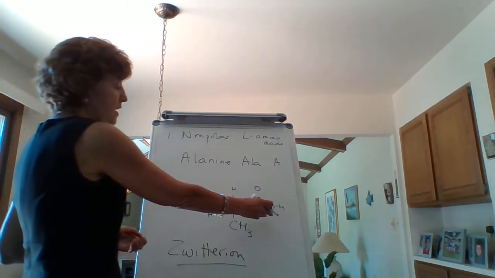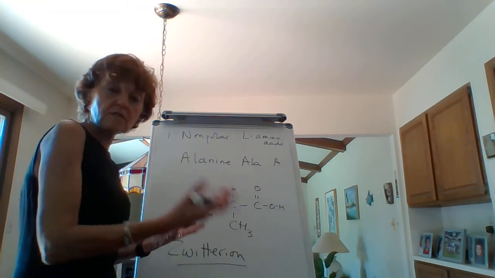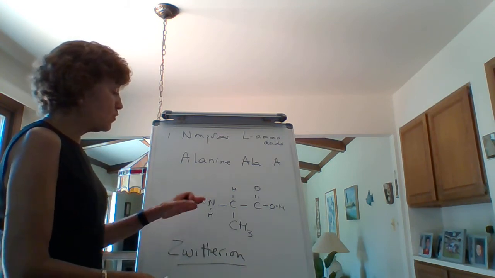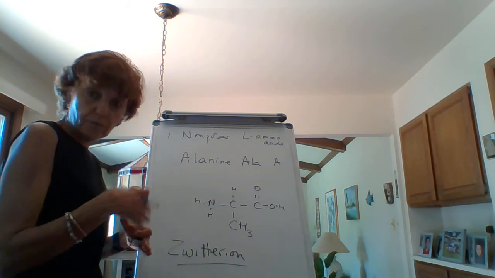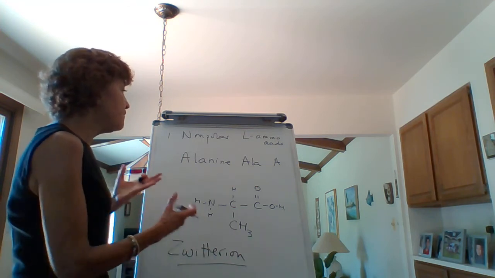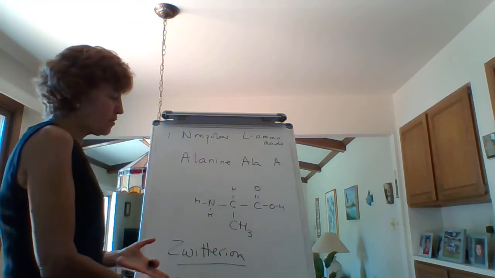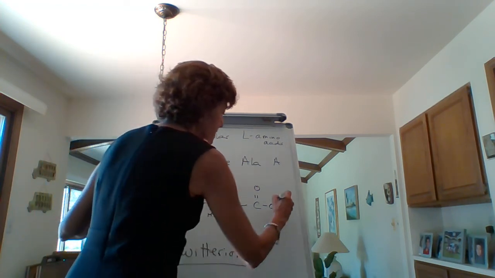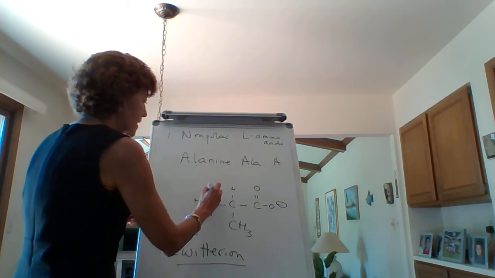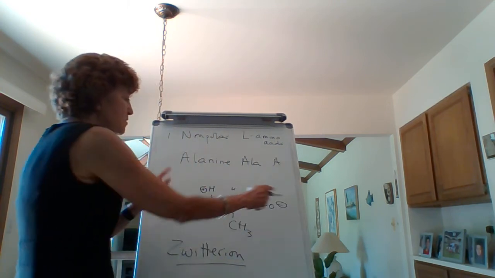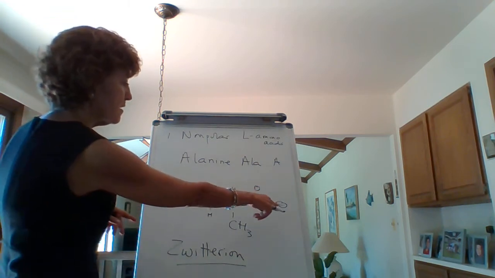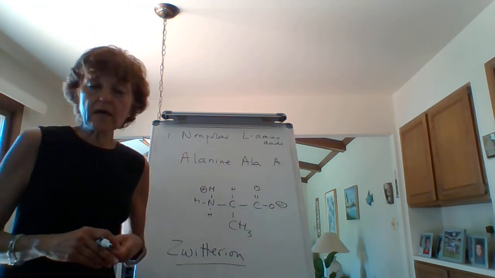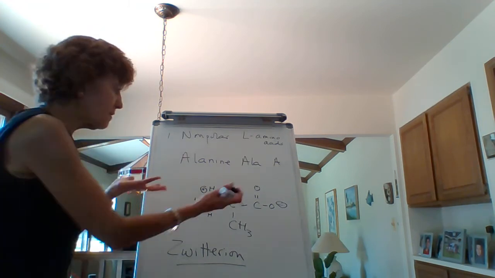The carboxylic acid group, this carboxyl group, loses its proton, so it gets deprotonated, and this amino group adds a proton, so it gets protonated. So if you are looking at alanine in the zwitterion form, you've got to draw it out with this one gone, this deprotonated, and this protonated. So it has two ions, a negative ion and a positive ion. So if you're ever asked to draw an amino acid in the zwitterion format, this is pretty much it.